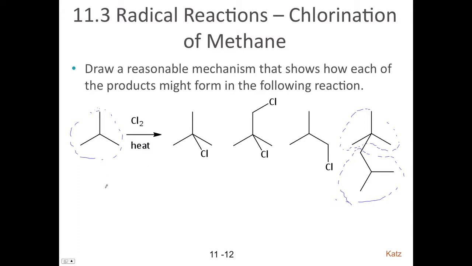Imagine if there was a radical that looked like this, and imagine if there was a radical that looked like that. Look at that. That will give you the exact thing that this is, there and there. So that's how you form that, and this is going to be formed in the termination step.